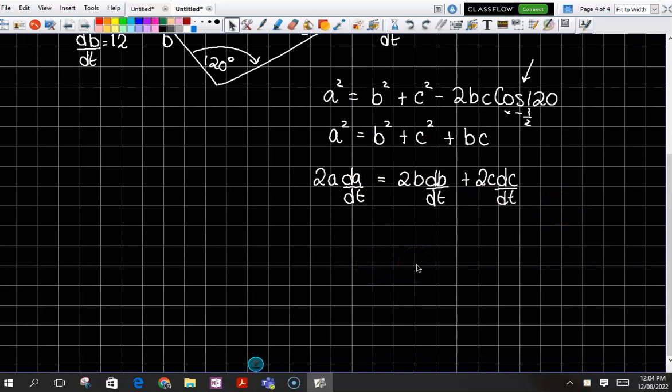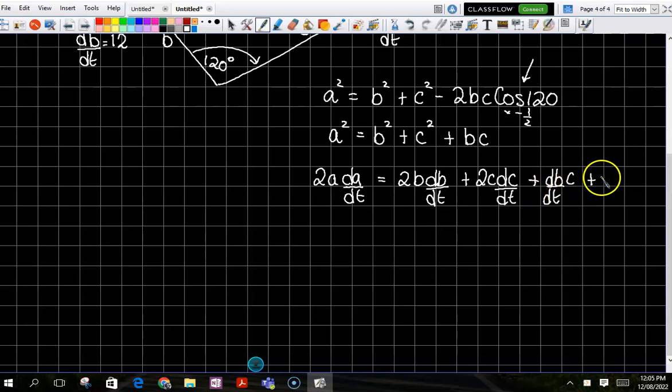Not going to squeeze it in. Anyway, do your product rule. So derivative of B is 1, but you've got dB by dt times C plus B. Derivative of C is 1 dC by dt.